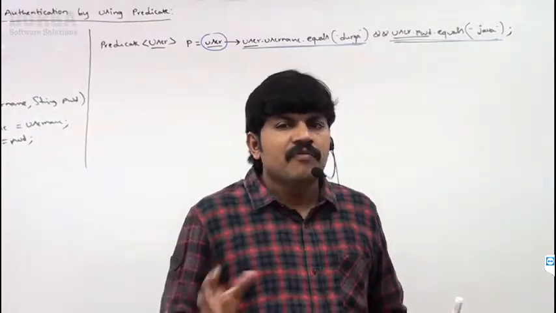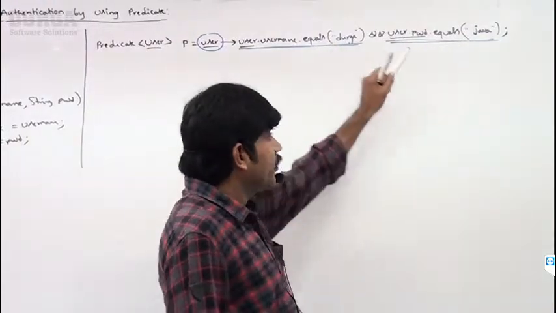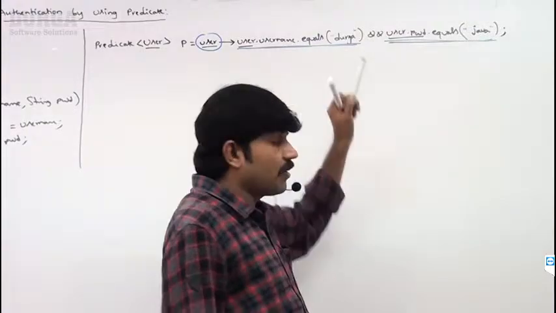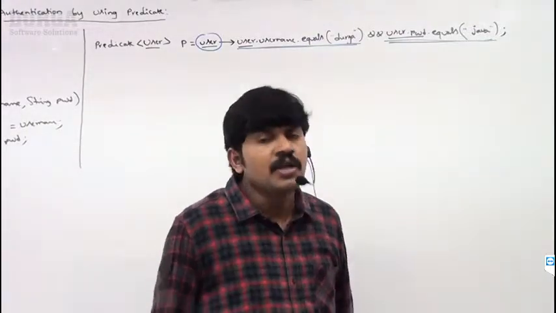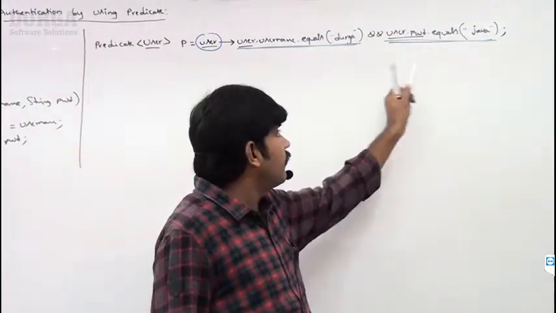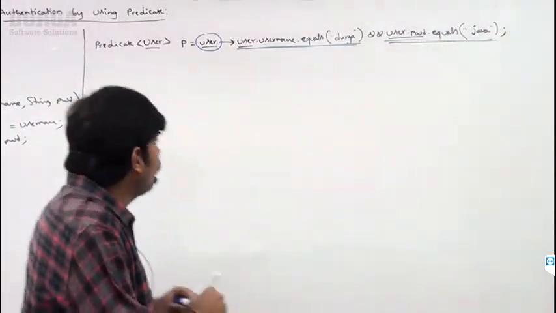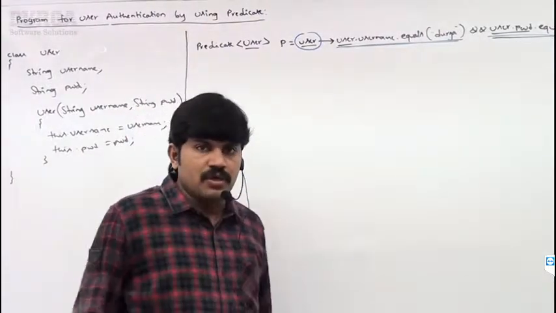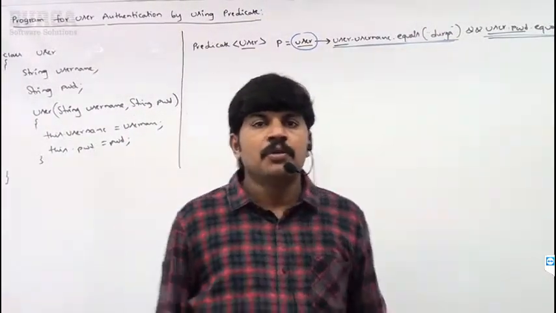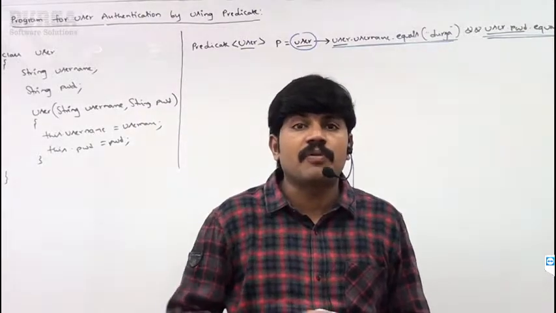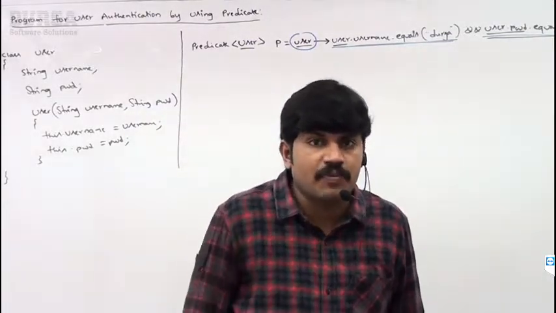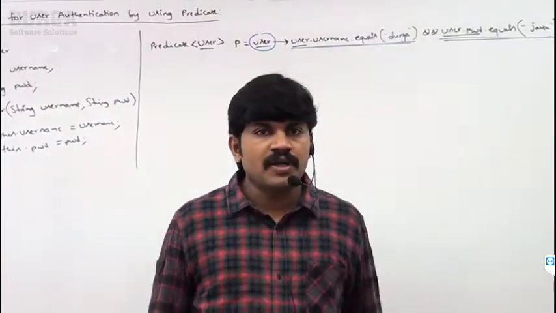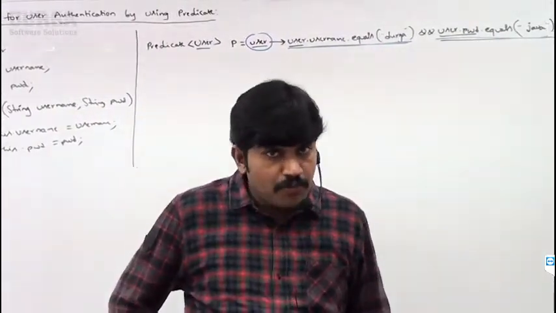Anyway, for simplification purposes, I hard coded Durga and Java, but in real time you have to compare this username and password with the database values. Now my question is, I have to ask the end user to provide username and password dynamically from the keyboard, because I want to validate whether you are the correct person or not.